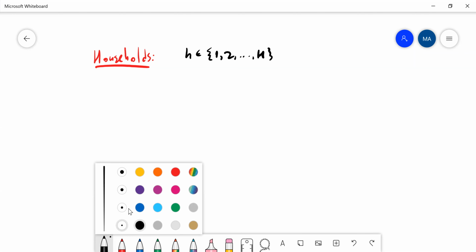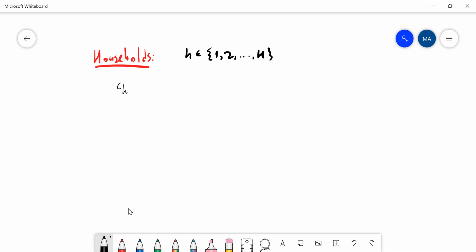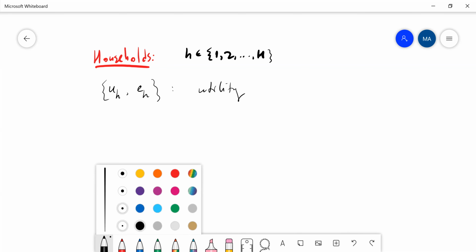Each of these households has consumption, and before consumption, of course, they have utility functions. So these are utility functions.